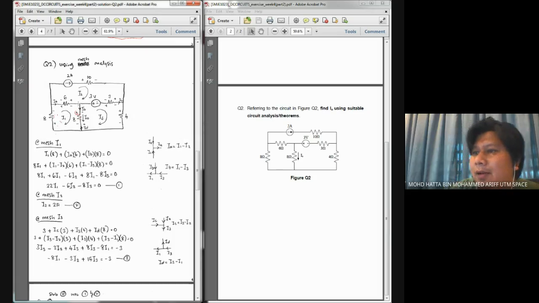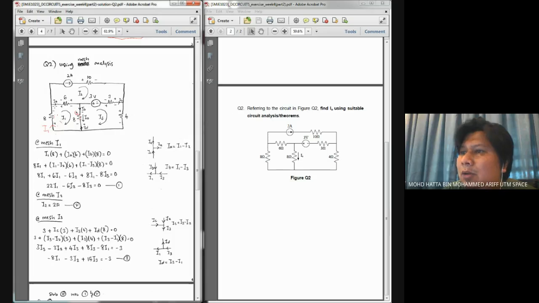Now, for mesh number 1, if I start from this point, I have a voltage drop across this 8 ohm resistor, and the current flowing through it is considered as I1. The voltage drop is I1 times 8.